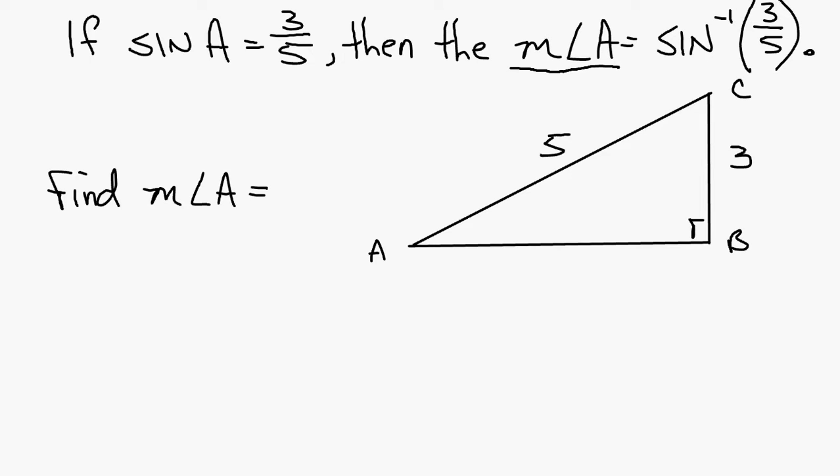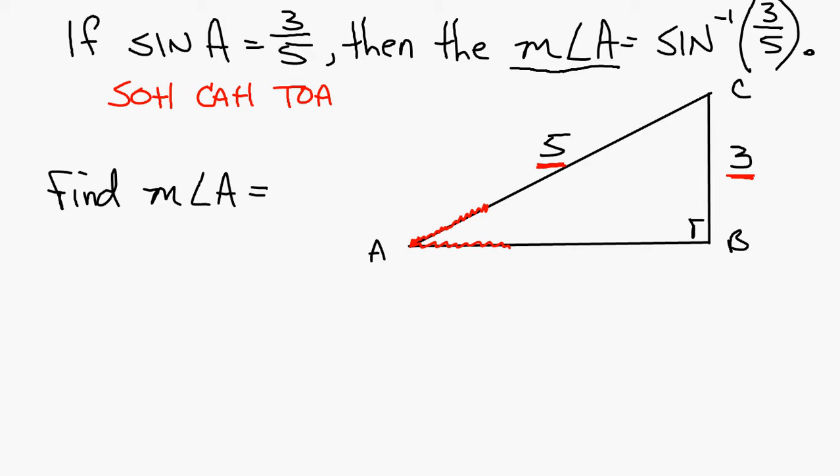You identify the angle that you're trying to find a measure of. In this case, it's angle A. Then you look at the sides that are given in relation to angle A. And yesterday, the acronym SOHCAHTOA was the shortcut to remember sine, cosine, and tangent and what they're equal to. So in relation to angle A, you've got the opposite side and you have the hypotenuse.